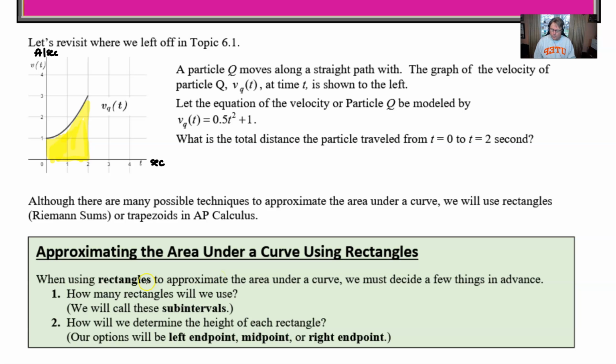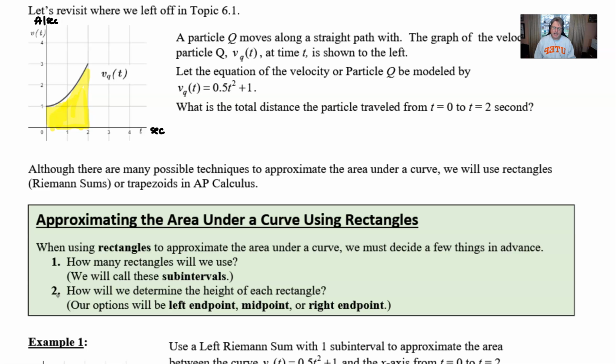Well, when you use rectangles to approximate the area under a curve, you got to decide on a few things in advance. Number one, how many rectangles will we use? We're going to call these subintervals. Early on, that number is going to be provided to you. Later on, it's not going to be so obvious what that number is, and so we're going to have to do some other things. And then number two, how are we going to determine the height of each rectangle?